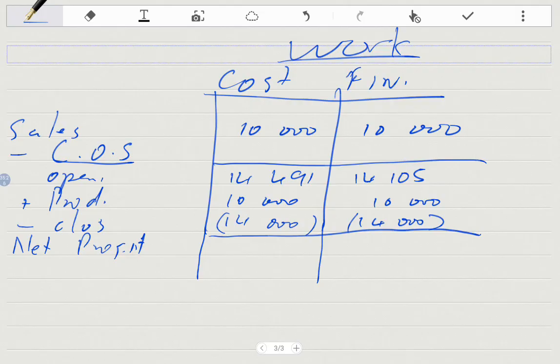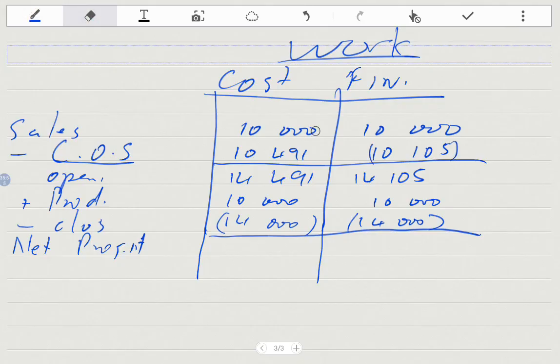Once again. Okay, so it gives us 10,491. Then this side, 14,105, so it's going to be 10,105.